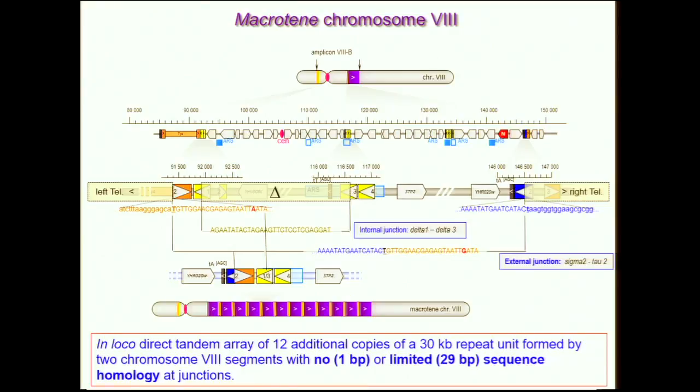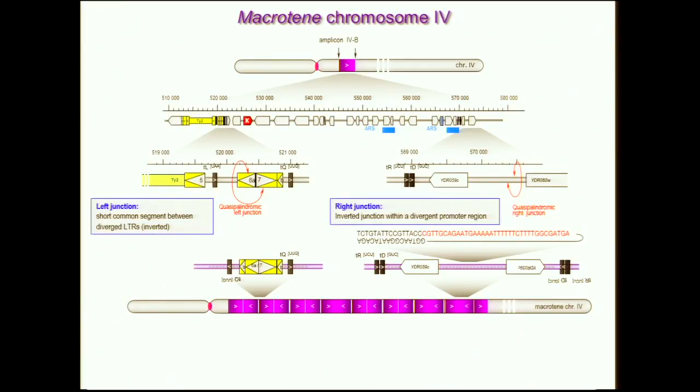So the result is, as shown here, 12 additional copies, a 30 kb repeat unit with either no homology or limited sequence homology. For the other macrotein on chromosome 4, very much the same thing happened, except that the repeat unit is flanked by a quasi-palindromic junction formed in the intergene here, without any sequence homology in this area.